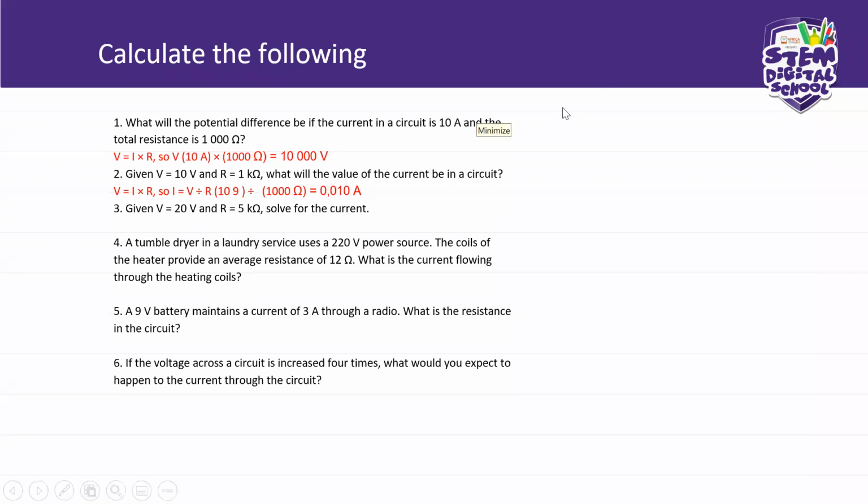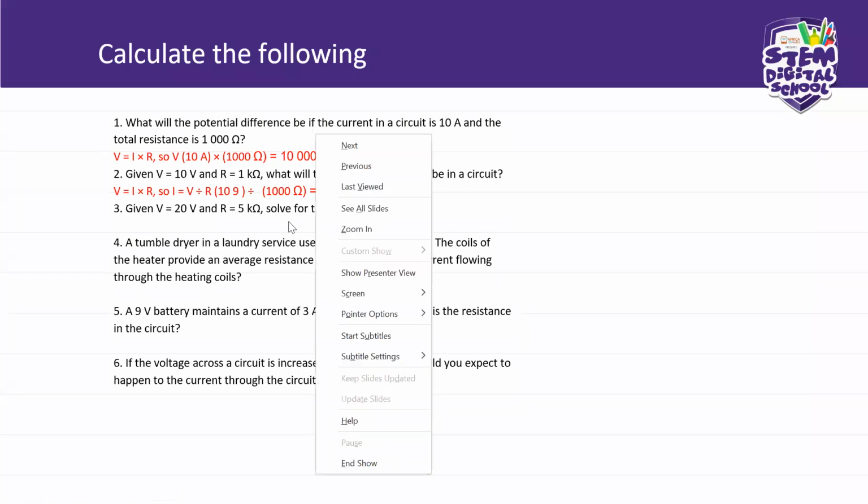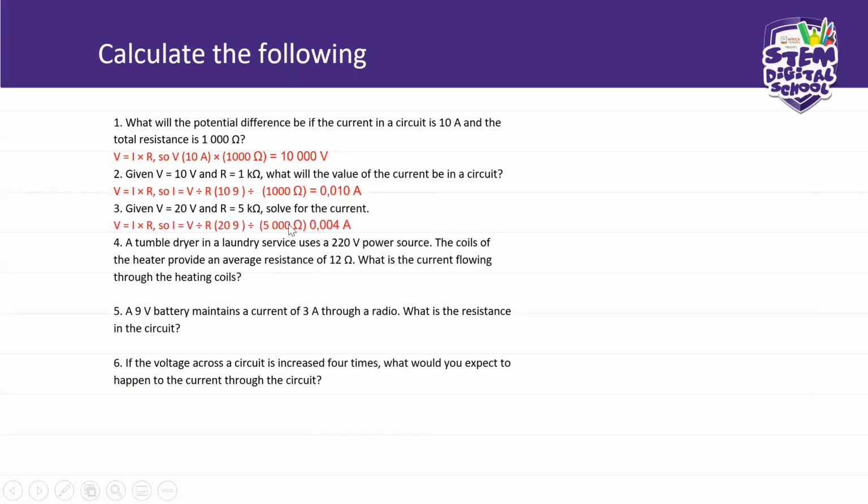Okay, Tando. Let's see. 5,000. The 5 kilo ohm is 5,000. Okay, so your answer is 0.004 amps.